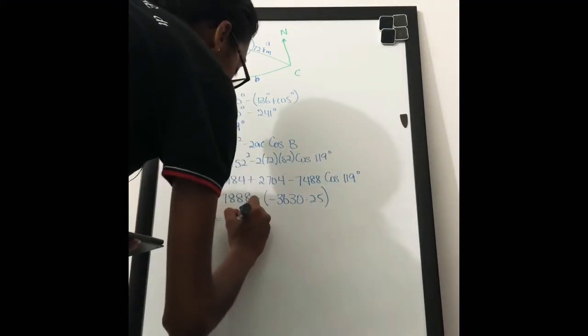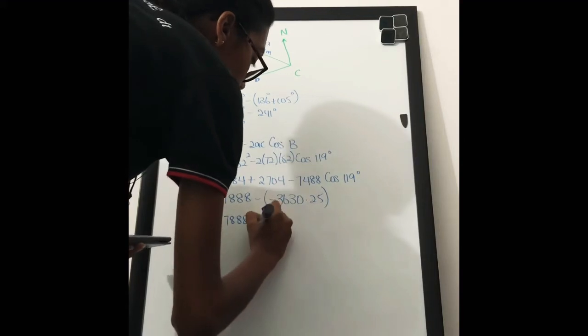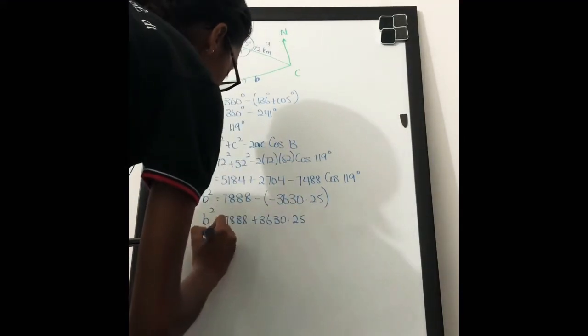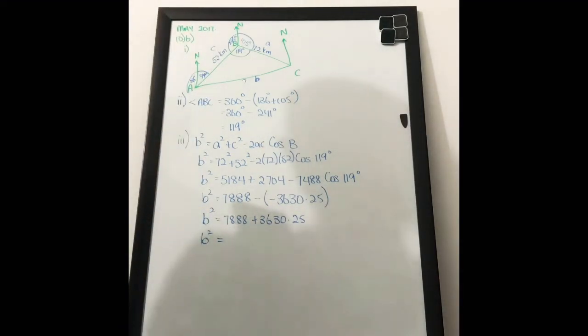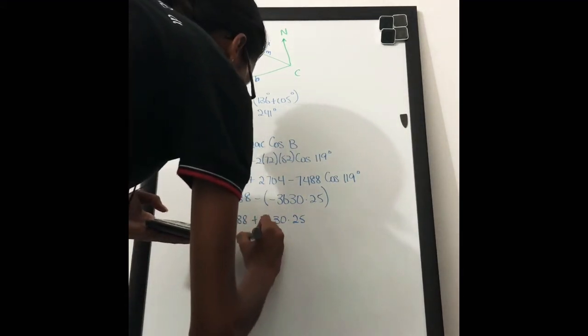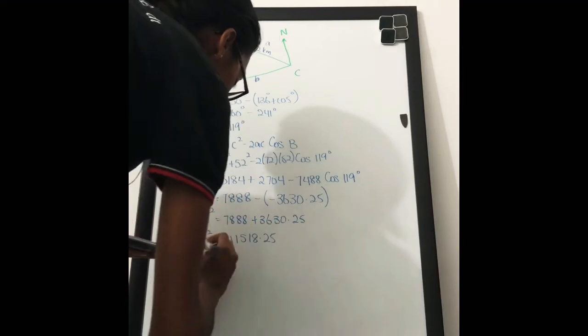So it's 7888 plus 3630.25. B squared is equal to 7888 plus 3630.25. We get 11518.25.